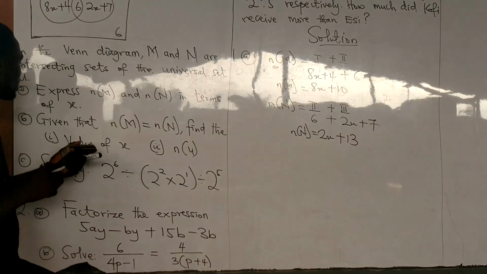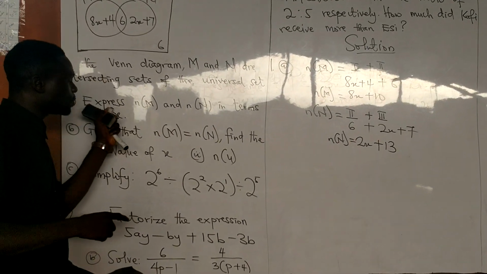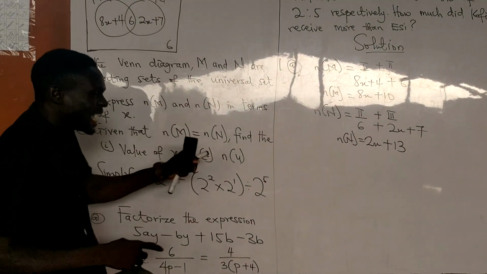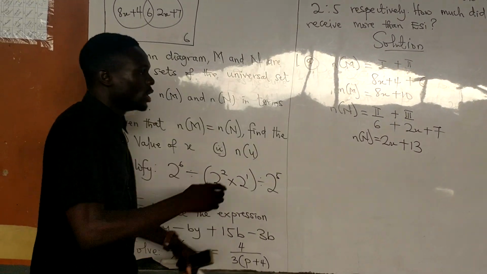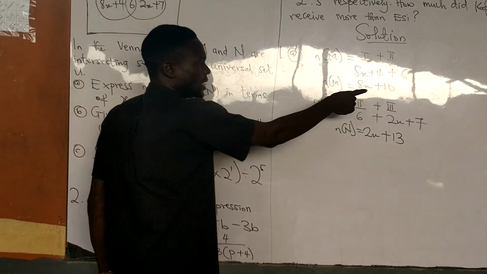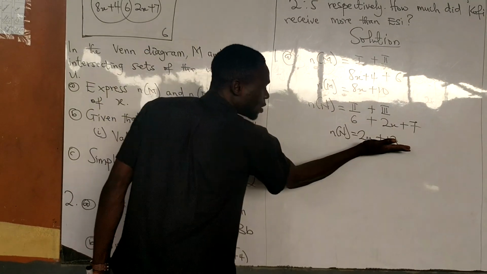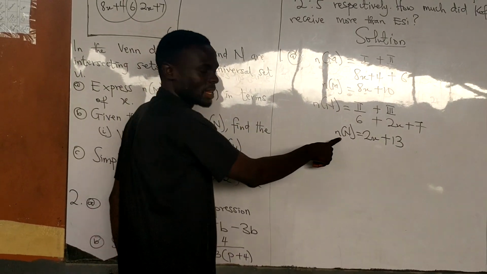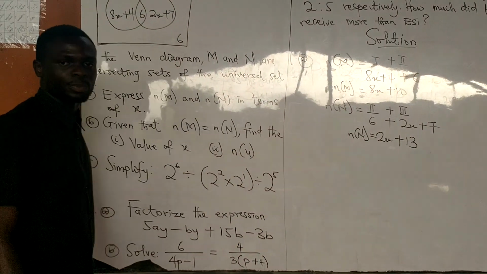So here, number 1a, which I was asked to do, I have been able to express n(M) and n(N) in terms of x. In terms of x, the number of M is equal to 8x plus 10, and the number of N is equal to 2x plus 13.